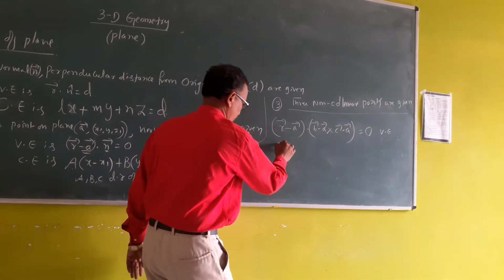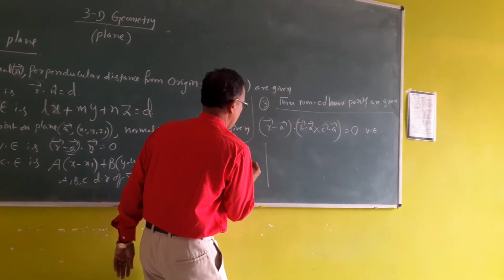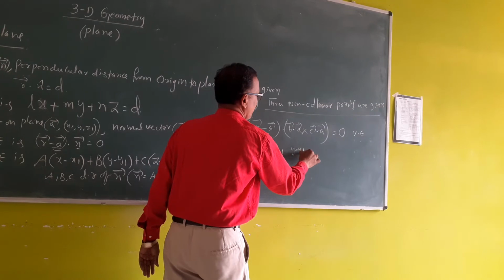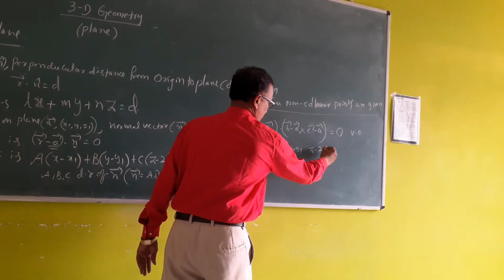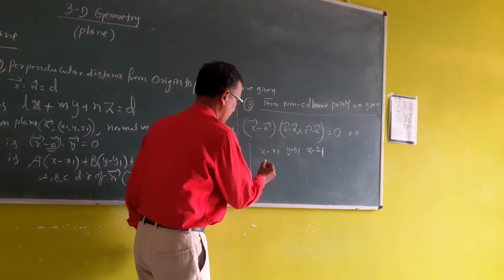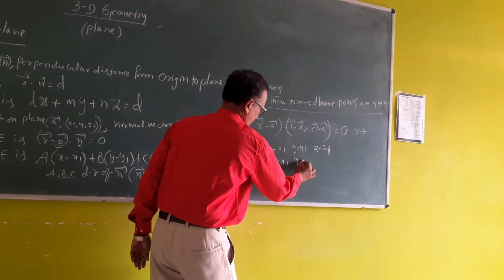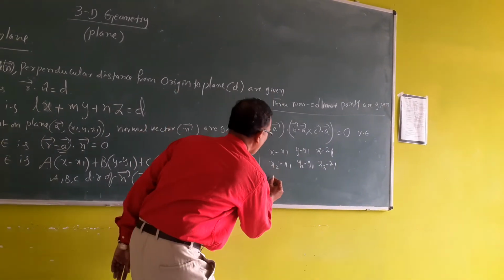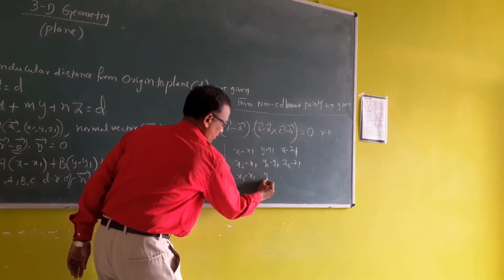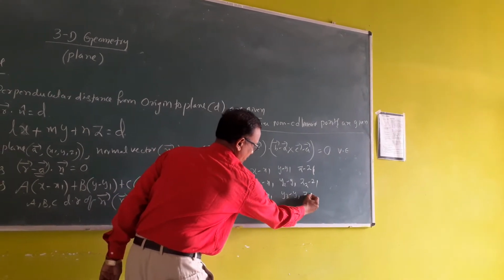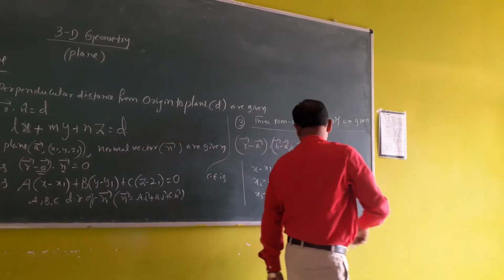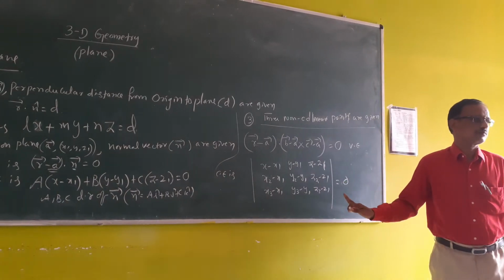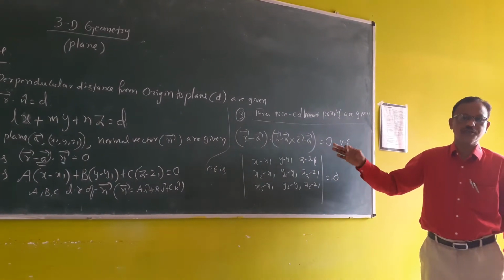Therefore we can write Cartesian equation: x minus x1, y minus y1, z minus z1; second point minus first point, that is x2 minus x1, y2 minus y1, z2 minus z1; x3 minus x1, y3 minus y1, z3 minus z1, this determinant equal to 0. So these three points are over. Revision also completed.